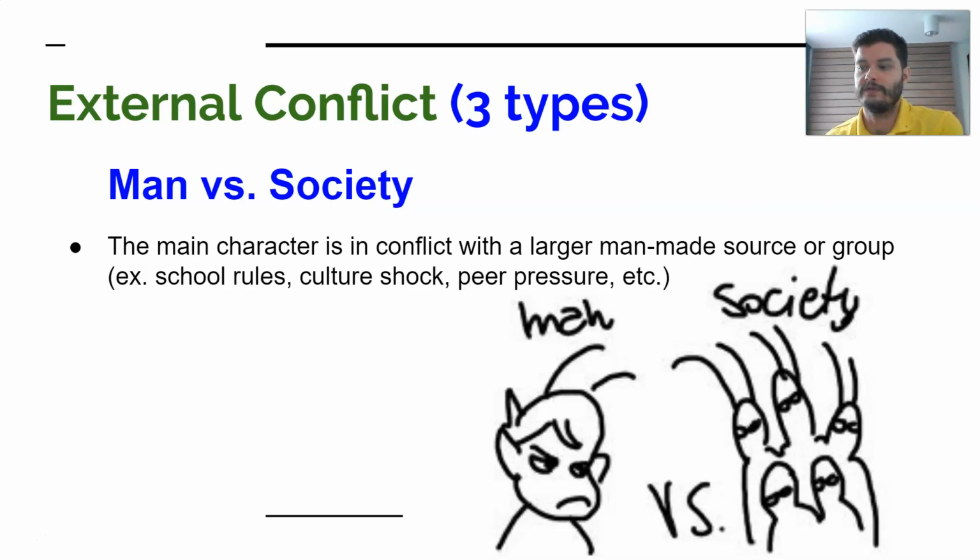Maybe they're made fun of, maybe they face bullying, but they really want to fit in with the cool kids at school. Okay, if the movie is about their struggle to fit in, okay, and deal with bullying and try to become a cool kid, then that would be a man versus society type of conflict.